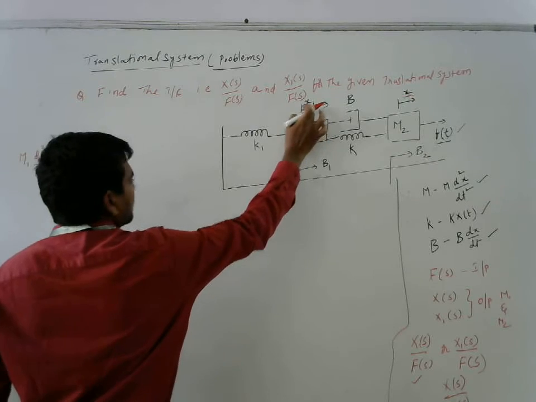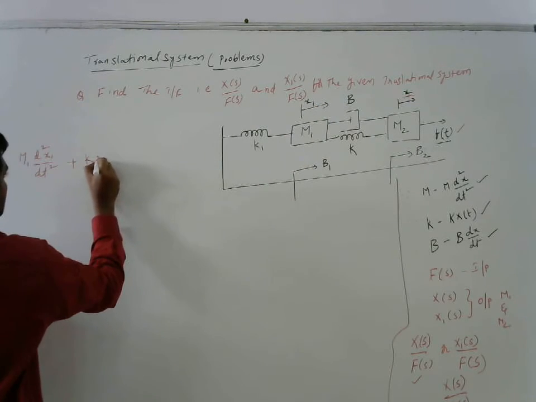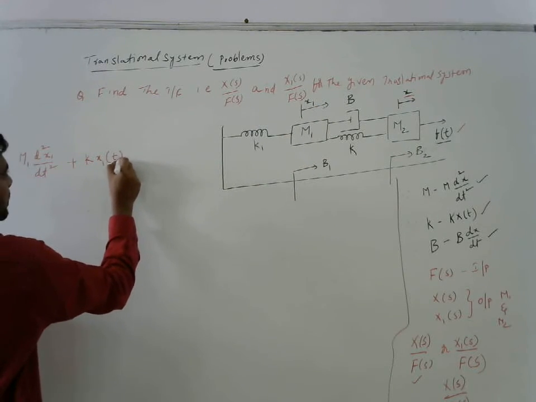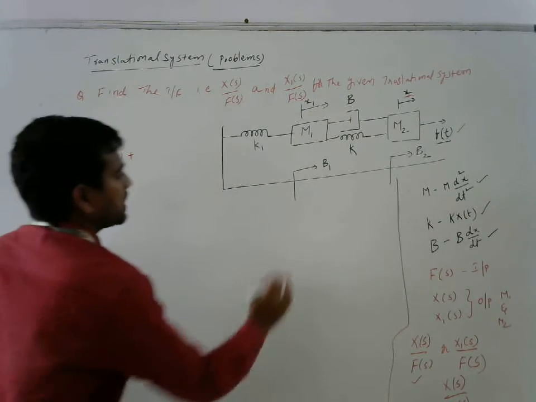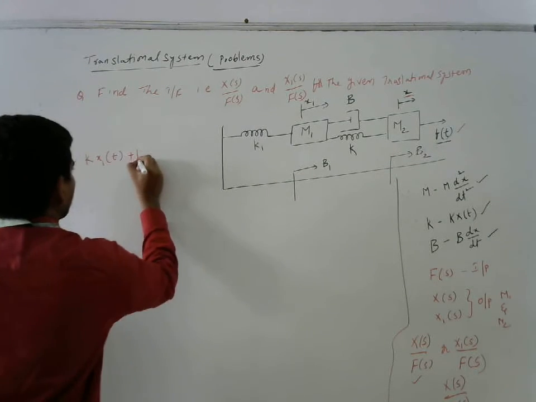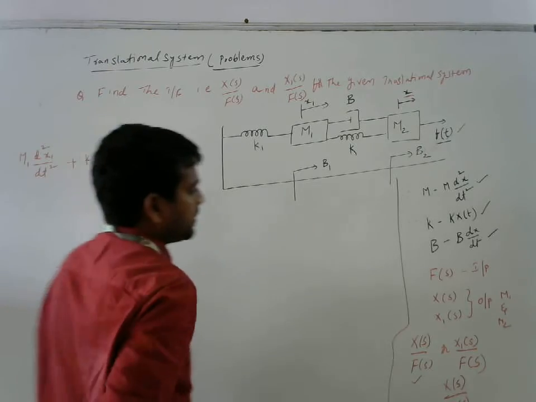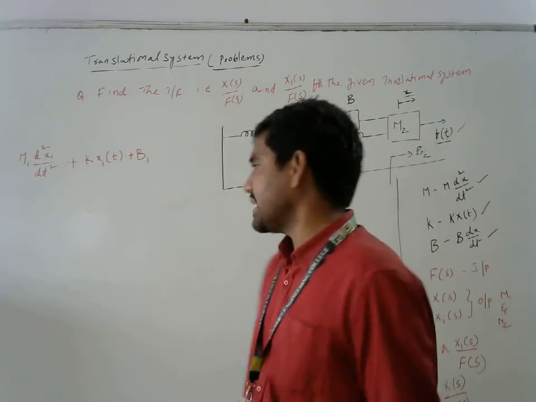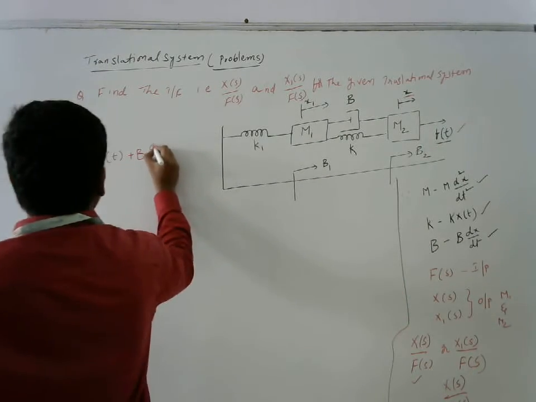Here this is k into x1 of t, plus again you have d1. d1 means d1 into dx by dt. dx by dt means what do you have to write down?